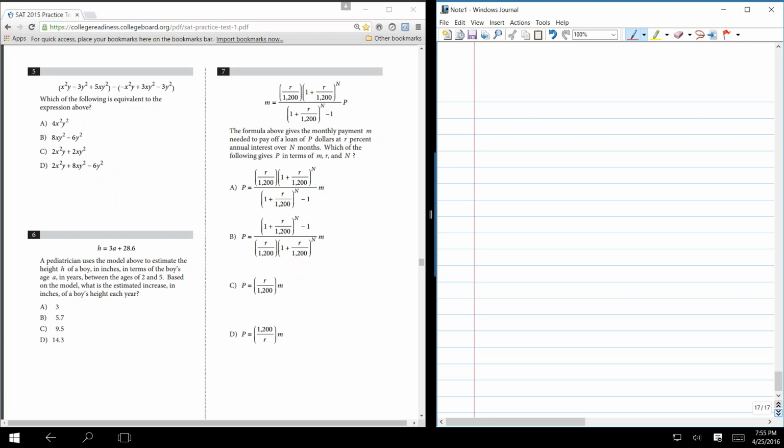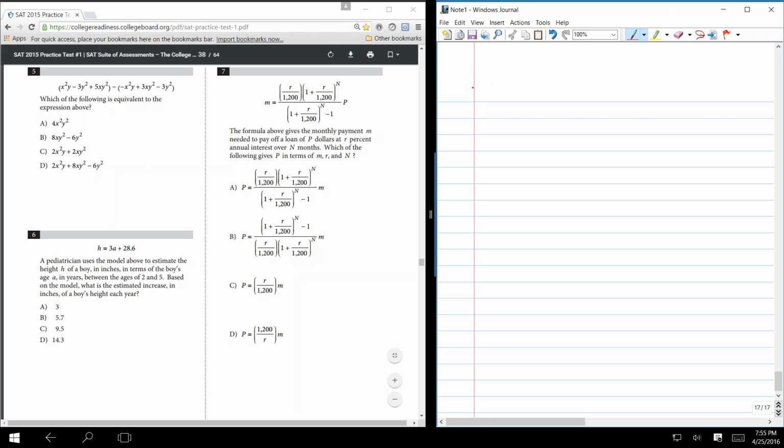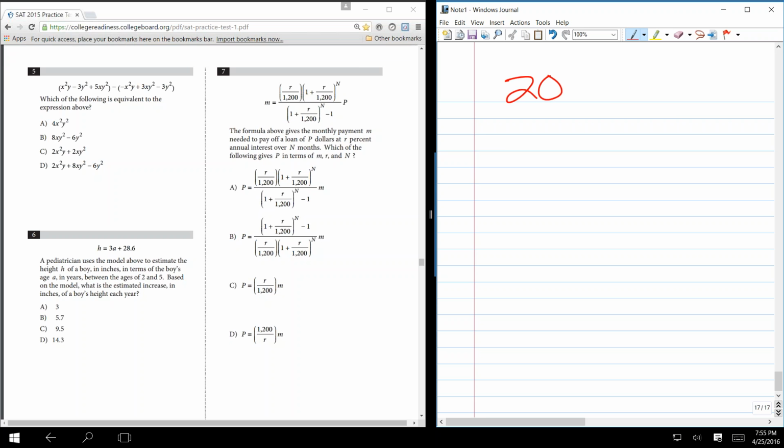And the people that don't reach the end don't get the advantage of getting to do that easy problem. In other words, I don't know how many problems there are on the new SAT, but let's assume there were 60. That's the ACT. So there's 20 easy, there's 20 medium, and there's 20 hard.